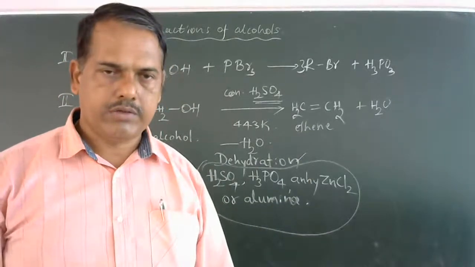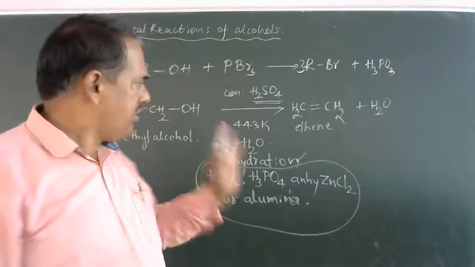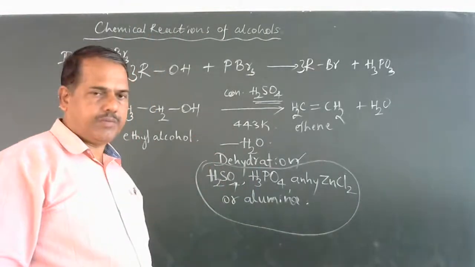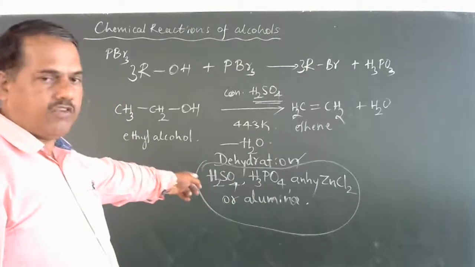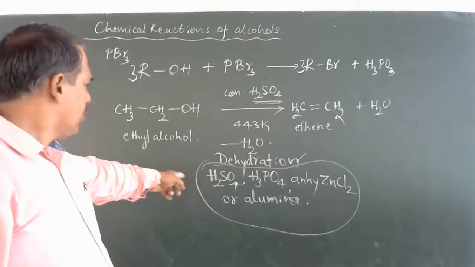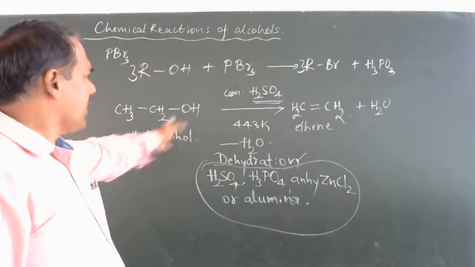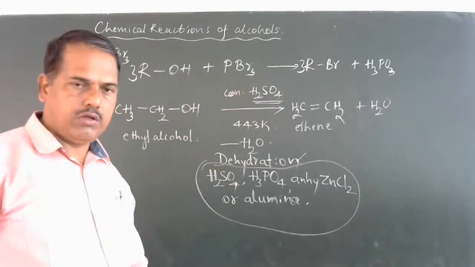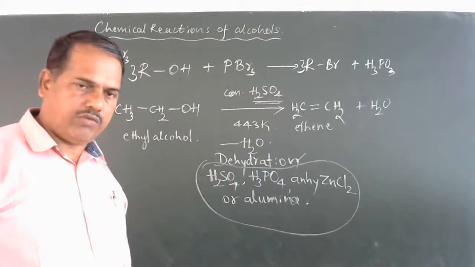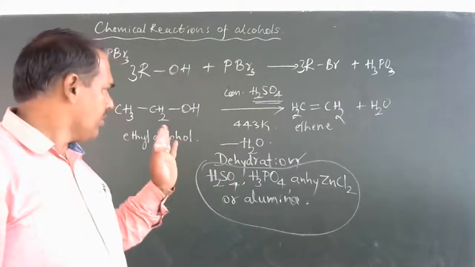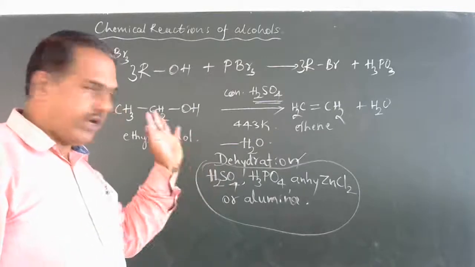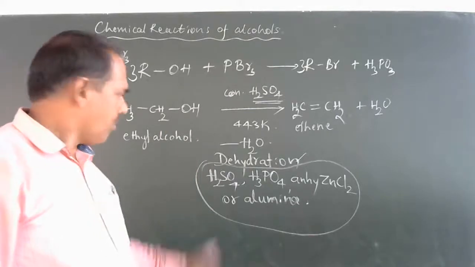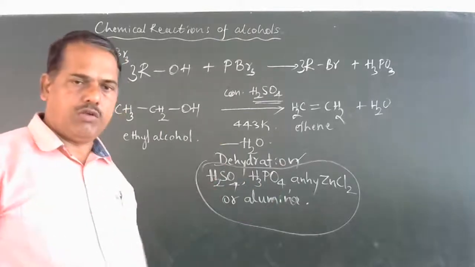So this mechanism also you have to study. We will ask one more question: name the dehydrating agent used to dehydrate ethyl alcohol into ethene. You can use concentrated H2SO4, or H3PO4, or even anhydrous zinc chloride, or alumina also.